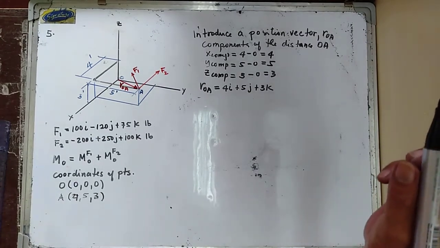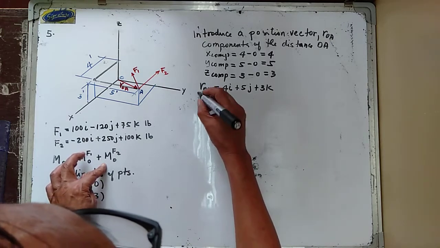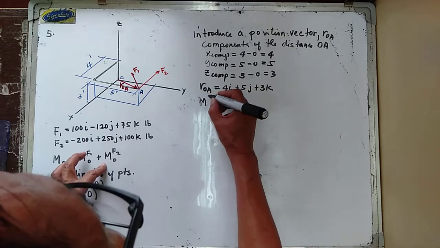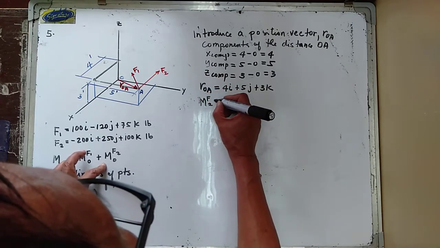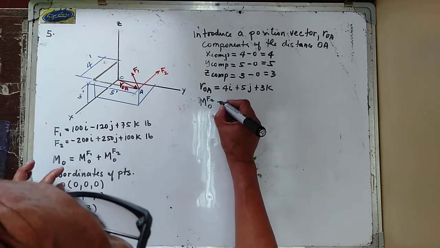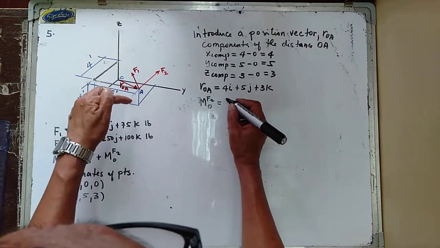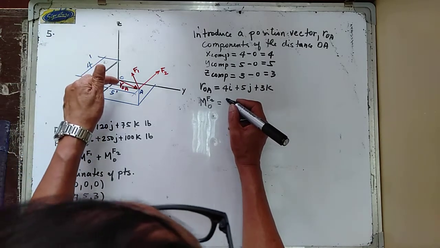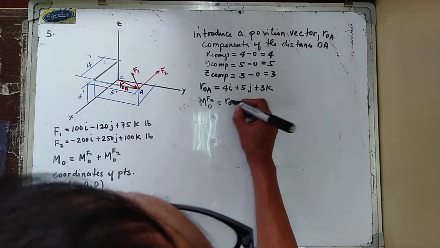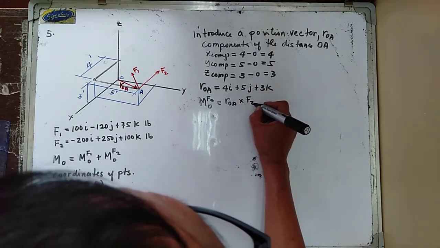Okay, let us try to determine now the moment of F2 about point O. And still, the position vector introduced is position vector OA, so that is ROA cross F2.